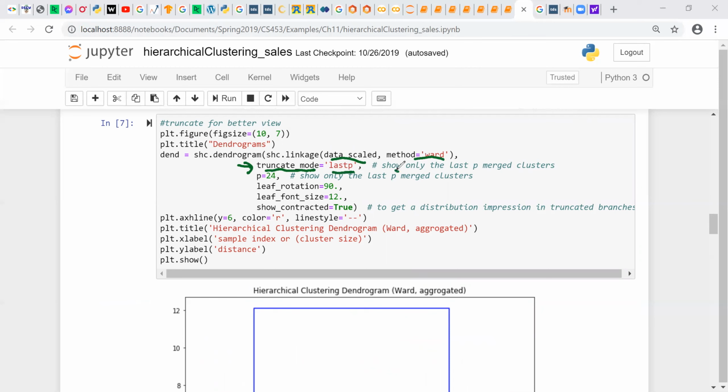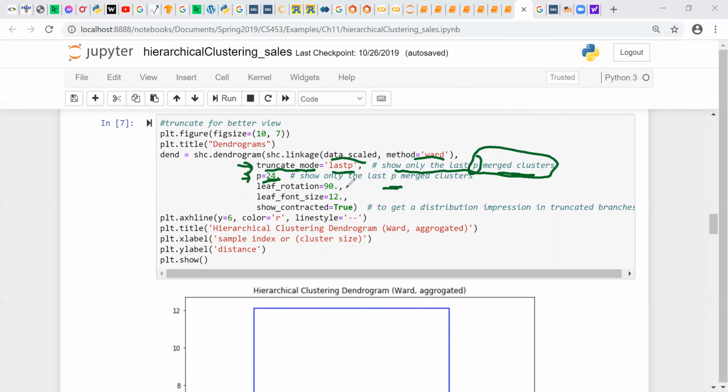Last p says show only the last p number of merged clusters, not from the original one. And what is the p number? You can also determine it. Here it says I'm going to show the last 24 merged clusters.